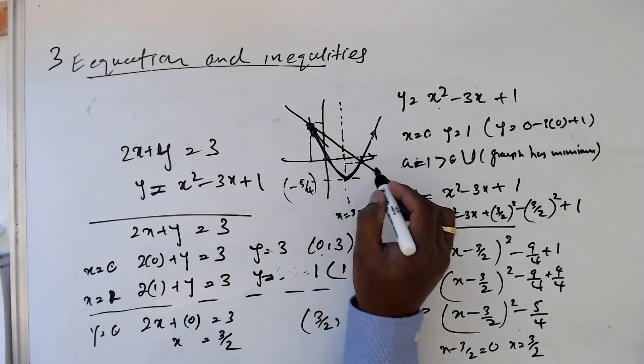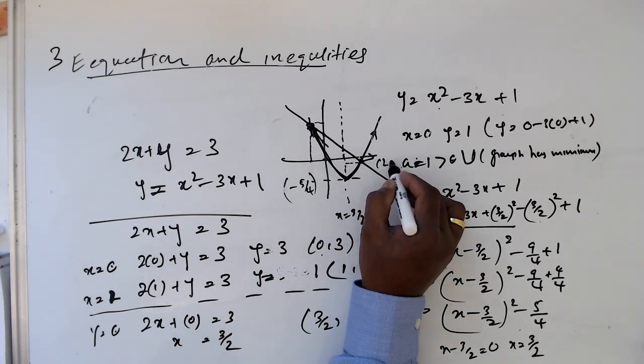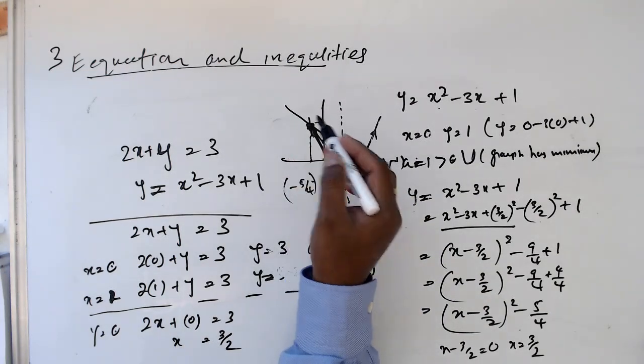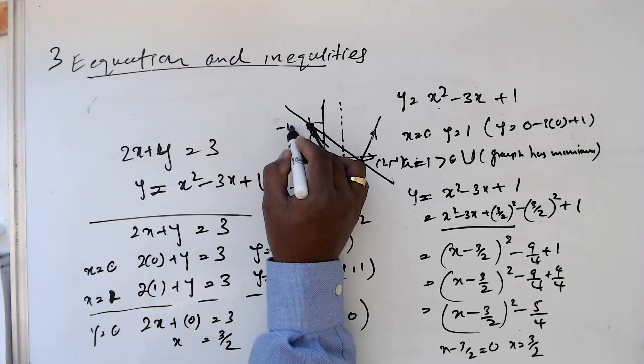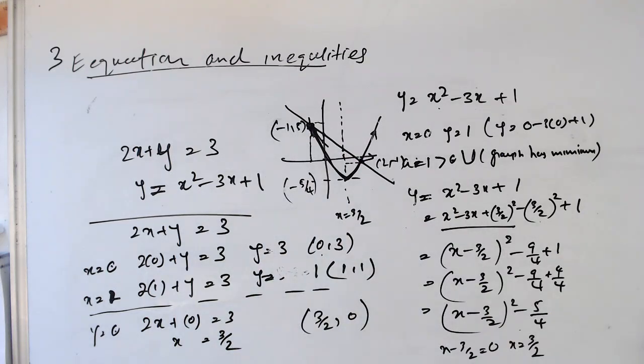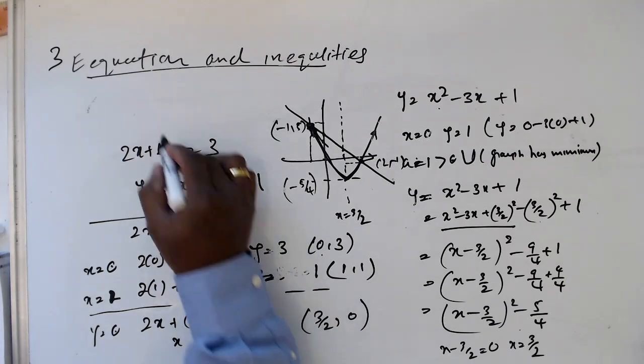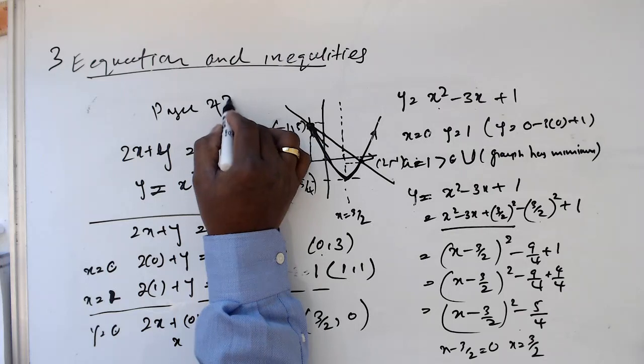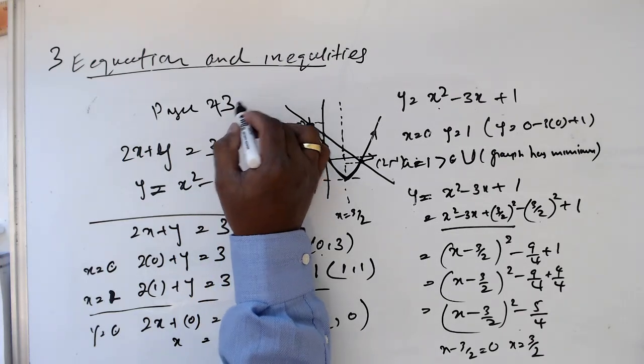This one is (2, 1), and this one is (minus 1, 5). Now you can see the proper drawing for this graph on page 43 of your book, example 5.